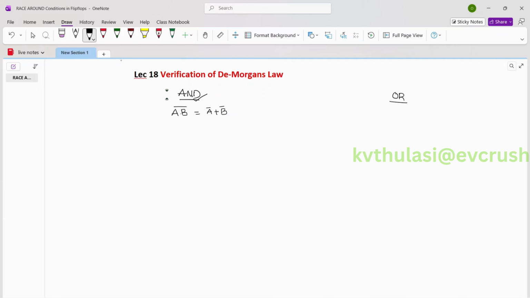The reverse is written as A plus B whole bar is equal to A bar into B bar, so it's the opposite. This we need to verify.